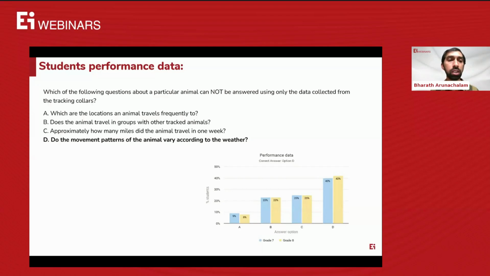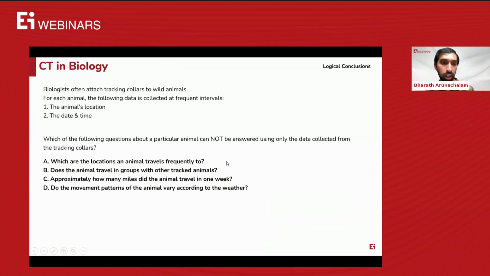Let's look at option B once. Does the animal travel in groups with other tracked animals? We have the animal's location, and we are saying if it can be tracked. The location of only that animal is tracked, but we are not looking at a group of animals there.